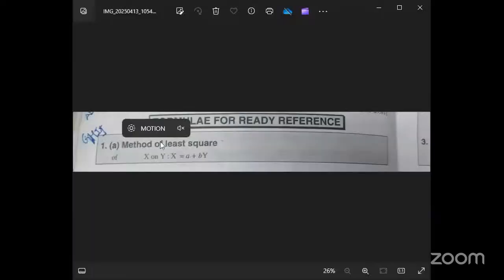You can note down. This is the first one. Least square.